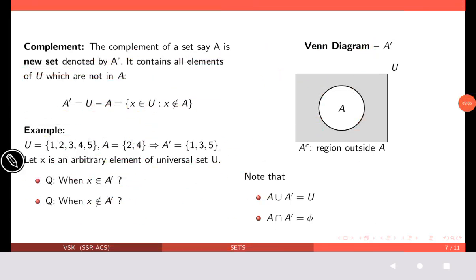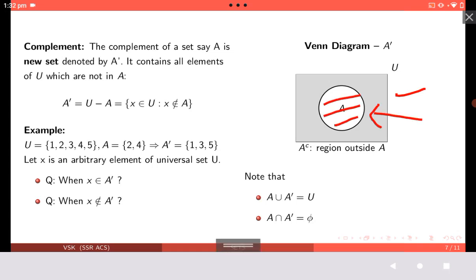Now note that if this is the universal set and this is the set A, then outside this is A complement. If we find A union A dash, that is if we include A and A complement, we get the universal set.